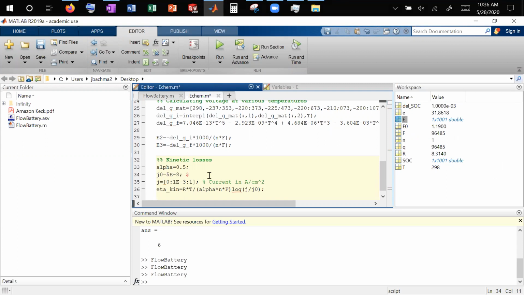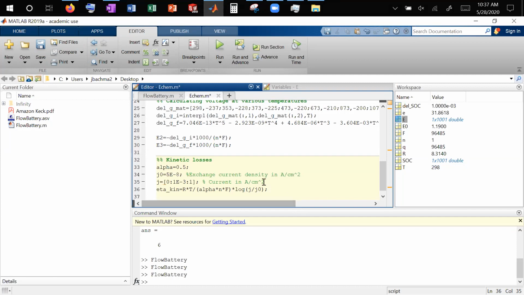This was exchange current density in amp per centimeter squared. And then we're going to have to do J divided by J naught. So I think log, get a multiplication symbol here.